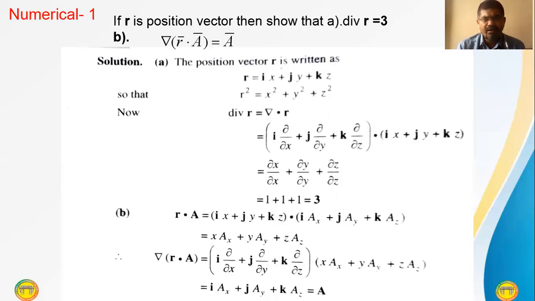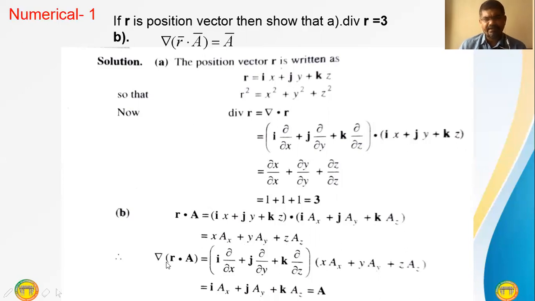Here, r bar dot A bar. r bar is xi plus yj plus zk, which is a position vector. A bar is defined as axi plus ayj plus azk. Here I am doing the dot product. Therefore, x into ax plus y into ay plus z into az.